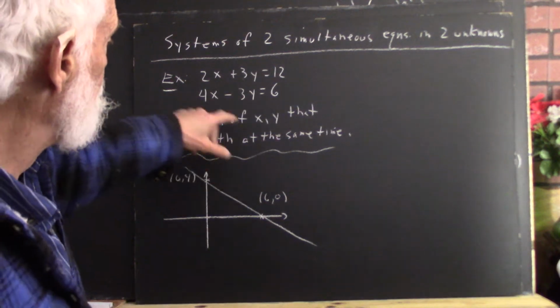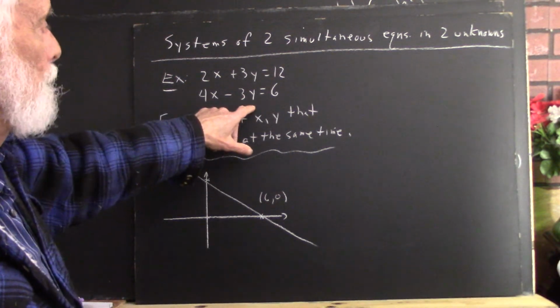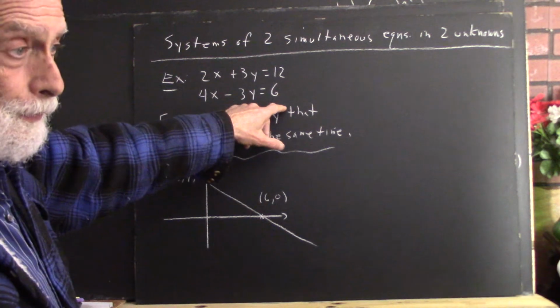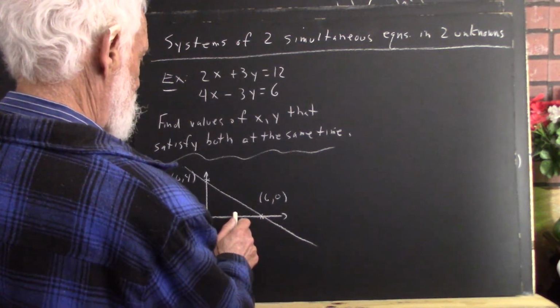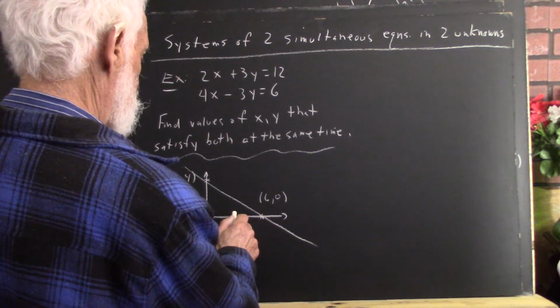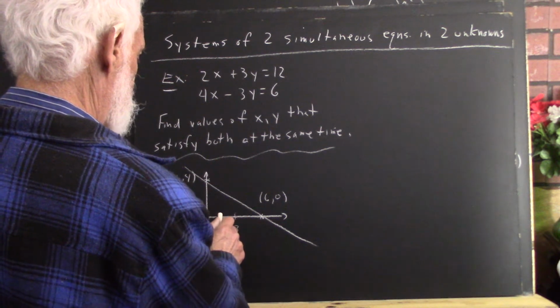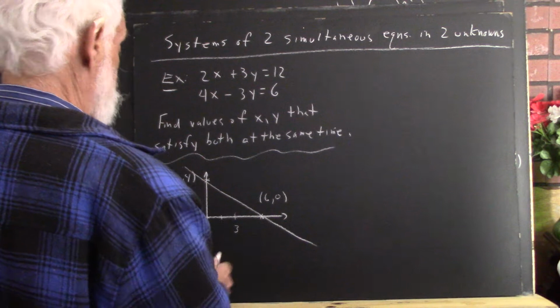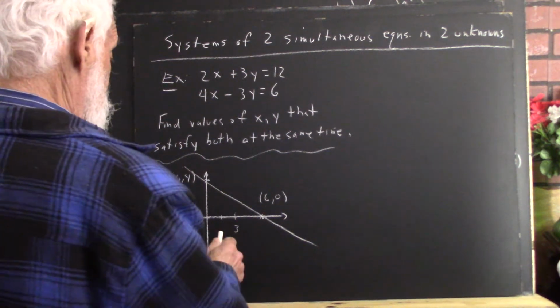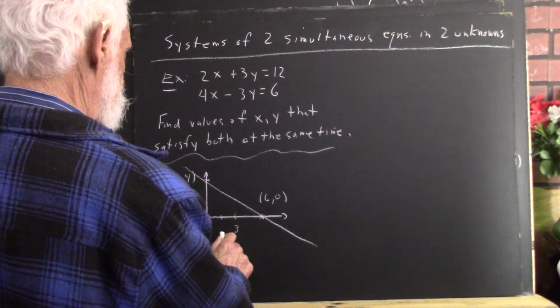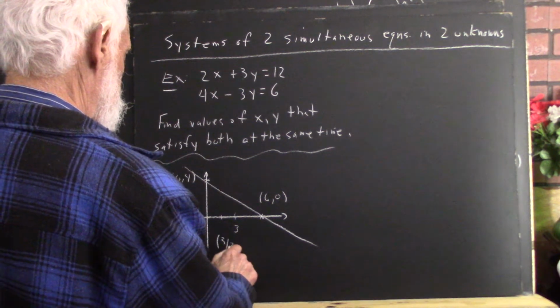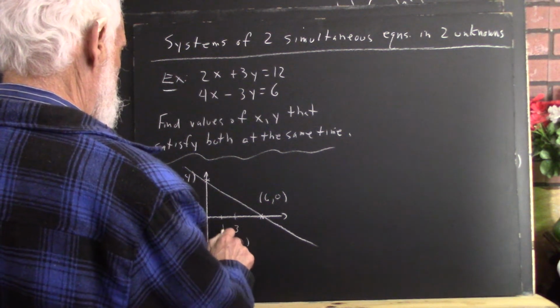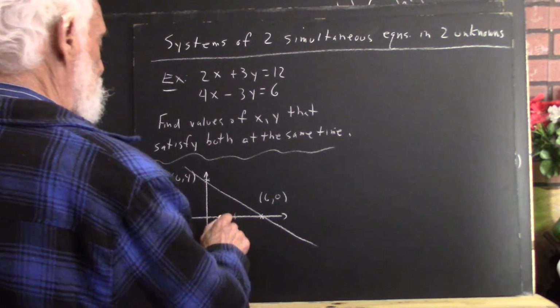Second equation. If y is 0, 4x equals 6, so x equals 1.5. Well, there's 6, half of 6 is 3, and half of 3 is 1.5. So we have (3/2, 0) on the graph.